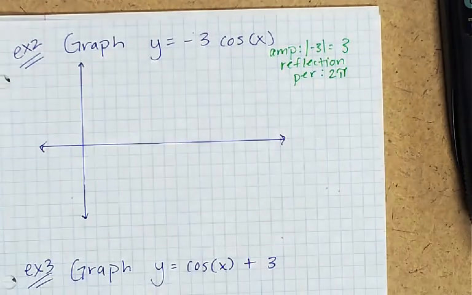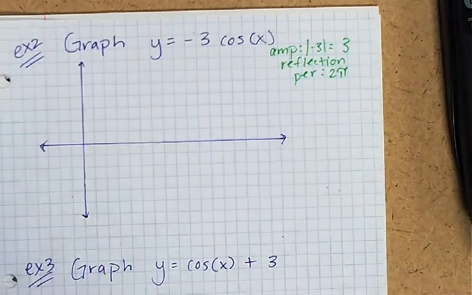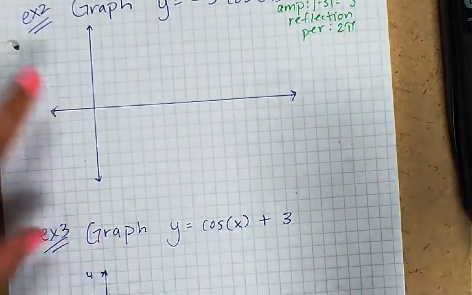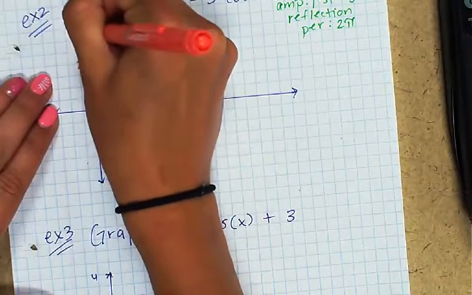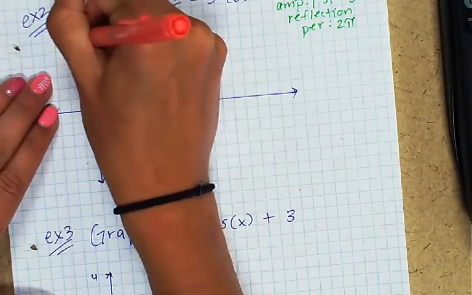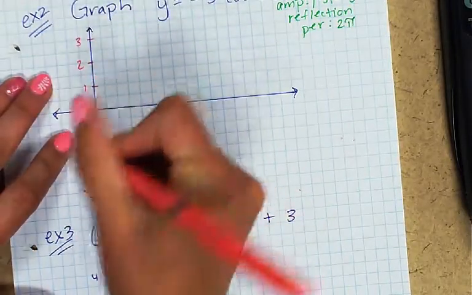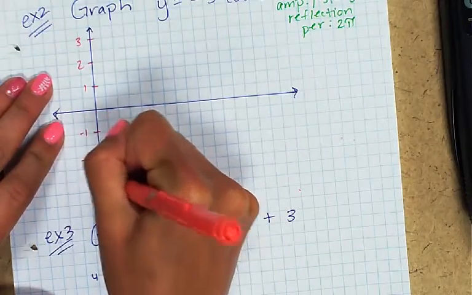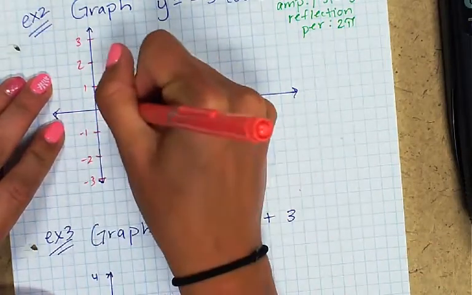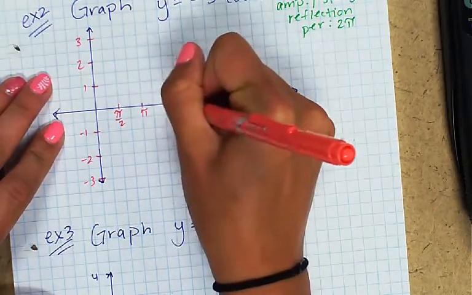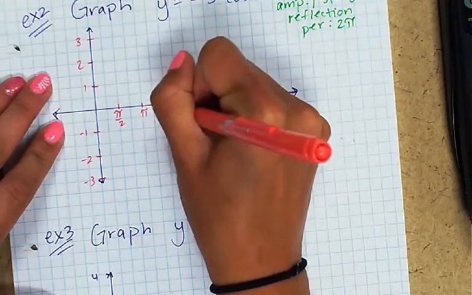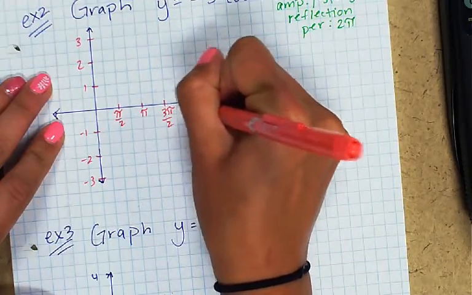So just like I did in the other one, I'm going to put the basic cosine graph on there. Let me put in my values here. 3. Remember, I do 2 boxes for each on the y-axis and 2 boxes for the x-axis as well. 3 pi over 2 and 2 pi.